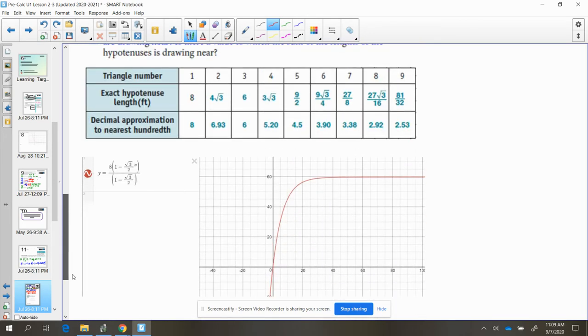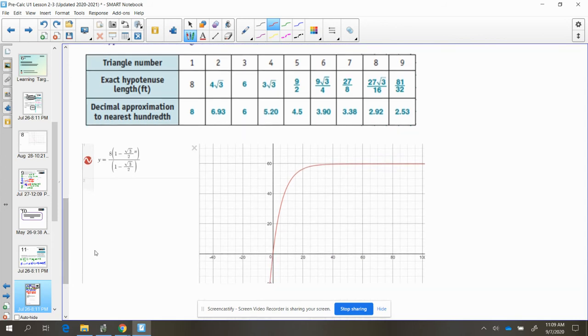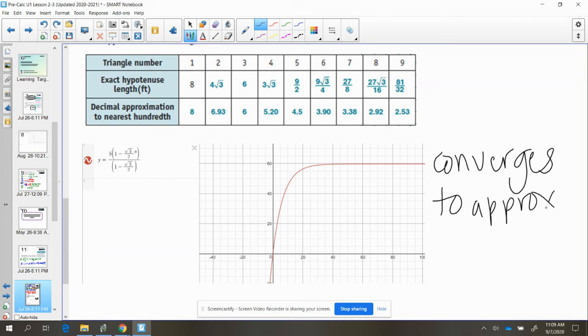So going back to our Shelly sequence, if we start looking at this pattern, and again, we start going towards infinity with 100 terms, we're seeing right now a convergence. In fact, it looks like it's converging to about 60, approximately 60, okay?